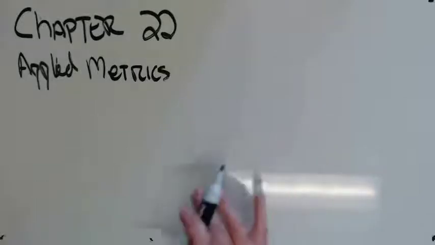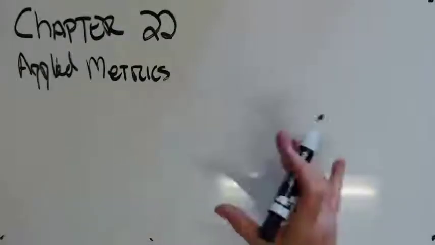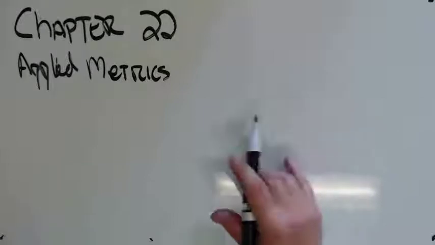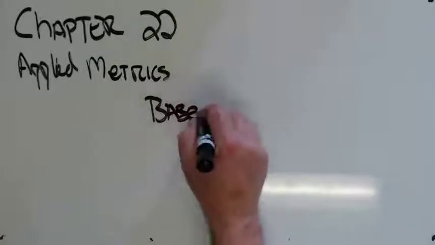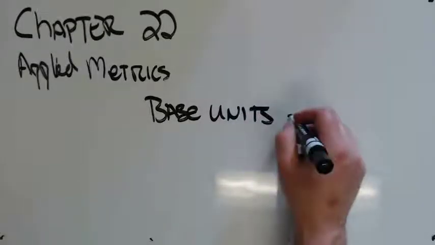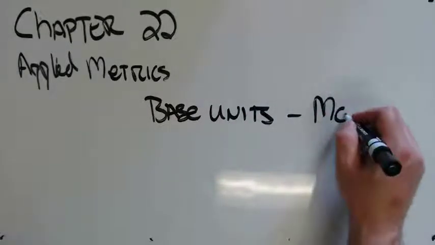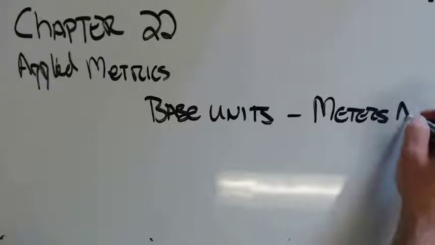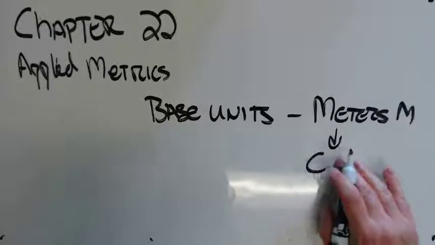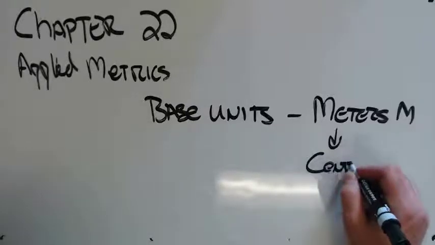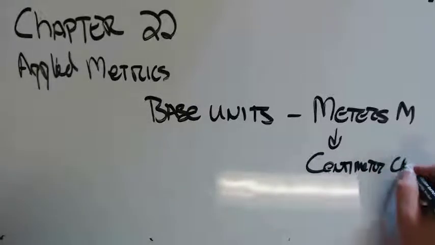So nuts and bolts, let's talk about this. I don't mean nuts and bolts, I mean stuff we need to know. So what are the base units of the metric system? For dimensioning, it's meters. This is M, which breaks down into centimeters, cm, and millimeters.